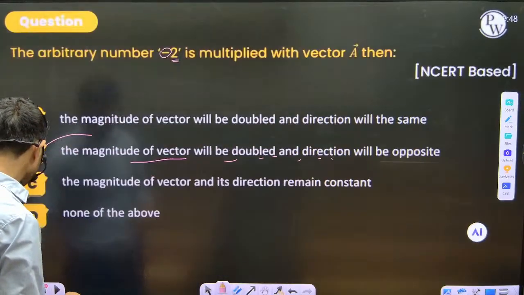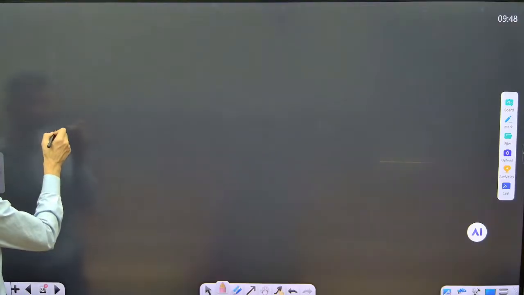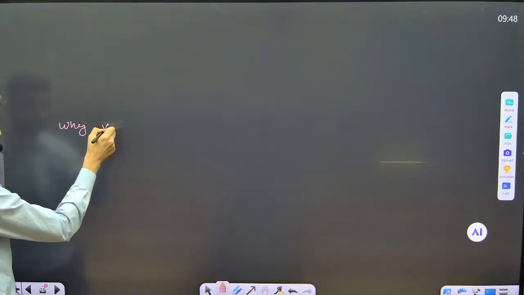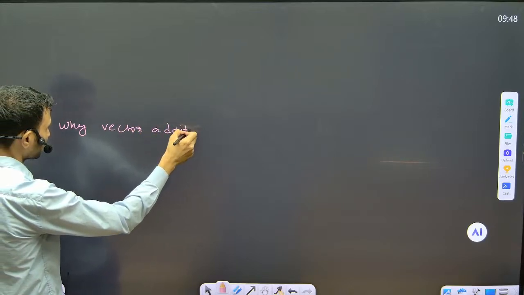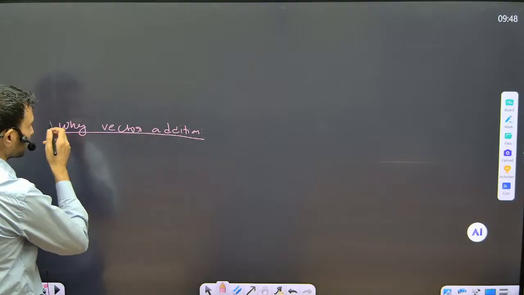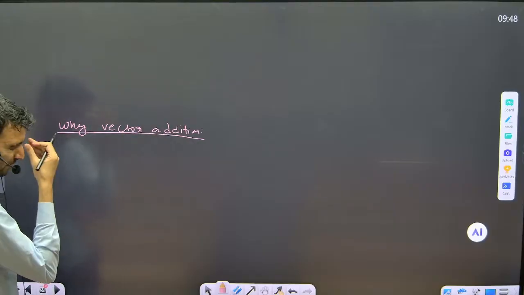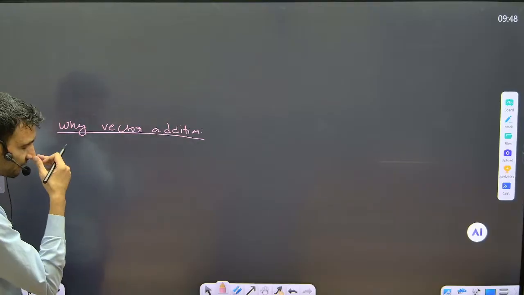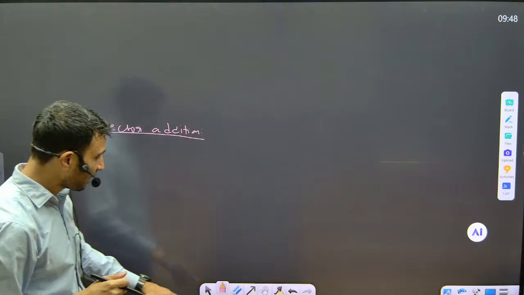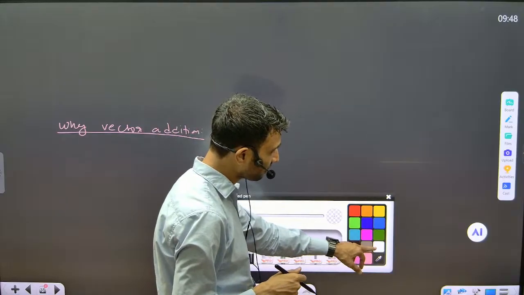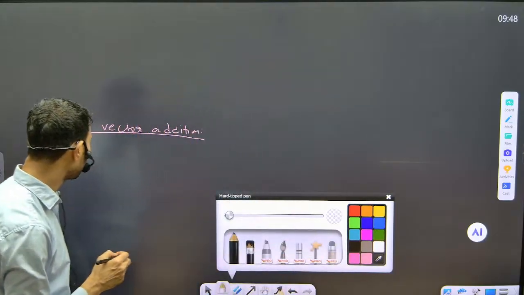So let's see, why do we need vector addition in the first place? The heading is why vector addition. Why are we adding vectors? What is all this business of adding vectors? So till now, if you remember, we know how to add 2 and 3, right?